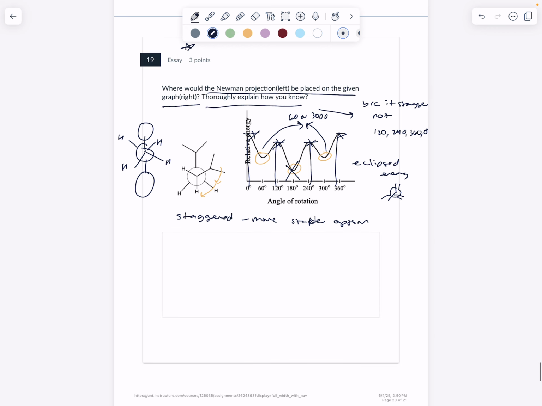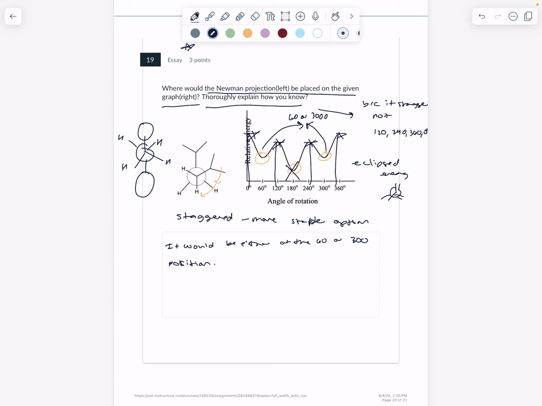So the 3 points that you get from this, 1 point is from saying that it would be either at the 60 or 300 position. If you say one or the other, you would get half a point on that. The next thing is saying how you know.